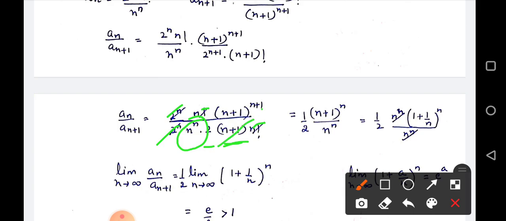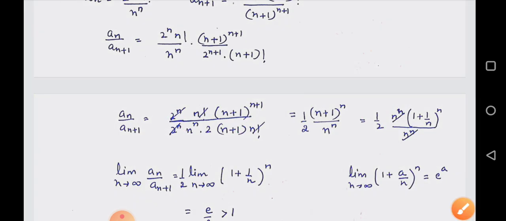So n plus 1 cancels. So you have 1 by 2 outside, n plus 1 to the power n upon n to the power n. Let us take n to the power n common. So when you take n to the power n common, you have 1 plus 1 upon n whole power n. So you have the result.